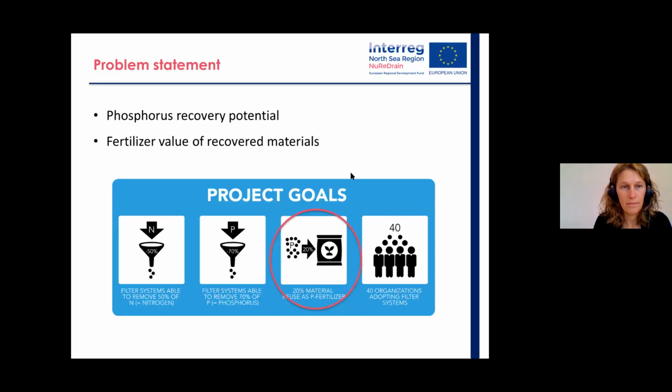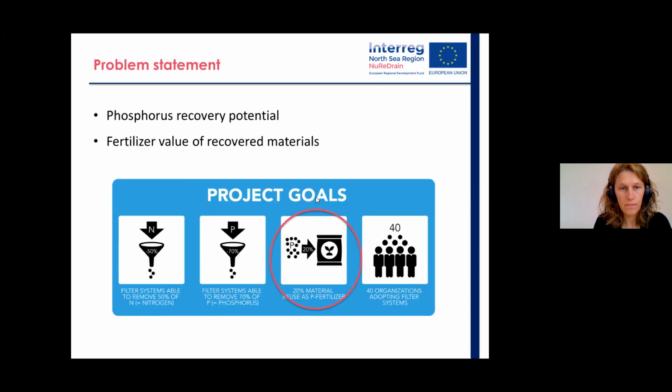So as Charlotte already showed, and we saw in previous webinars, within the NuReDrain project, we have filters. We have filters for N, we have filters for P, and for the P filters, you can see one here at the picture. I hope it appears.